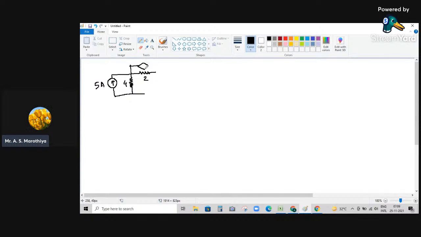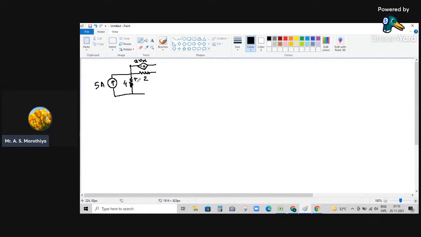This is, I think, the very first numerical I'm going to take on Thevenin's equivalent circuit calculations where we have a dependent source in the circuit. Here we have a voltage dependent voltage source and the value is 2Vx. Now what is Vx?